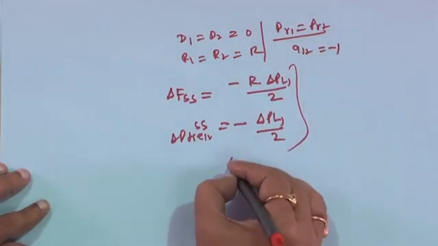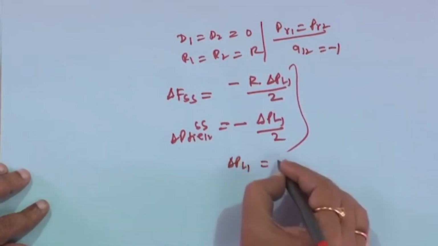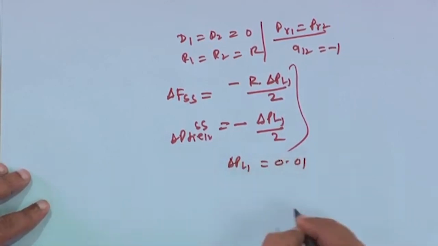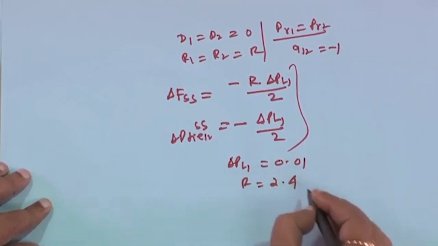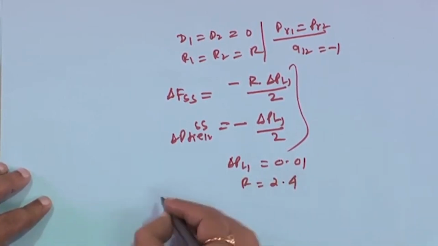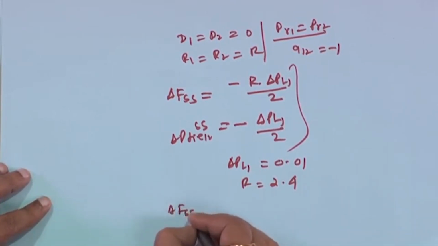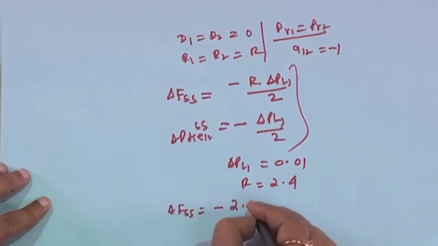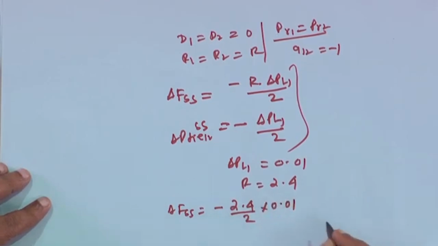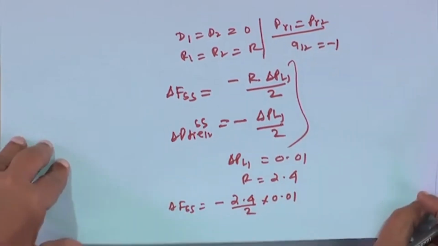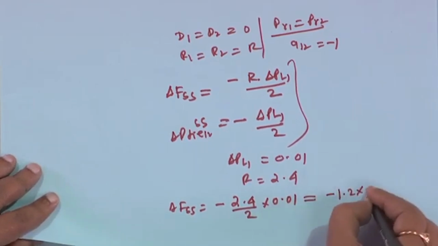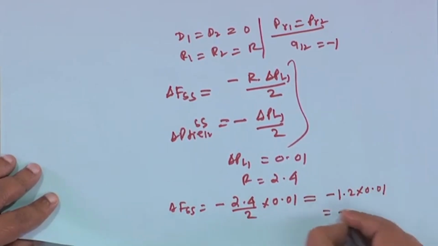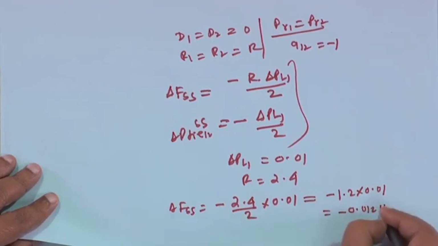Now, for example, if delta PL1 is equal to say 0.01 and R is equal to 2.4 hertz per unit megawatt, then your steady state value delta F steady state will be minus 2.4 by 2 into 0.01, that is minus 1.2 into 0.01, so minus 0.012 hertz.